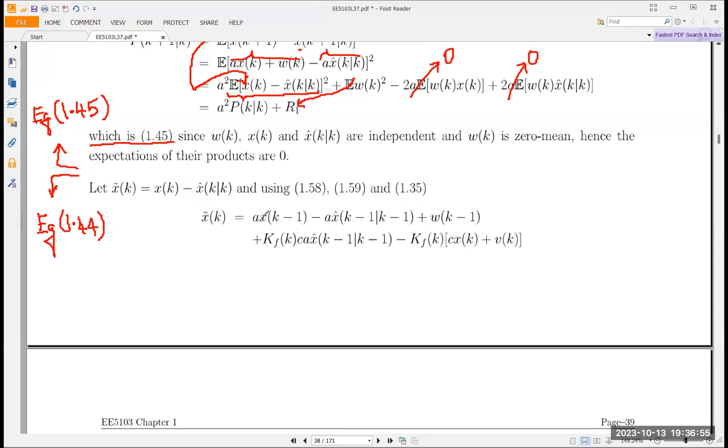Basically, x tilde can be written like that. I help you to see: these three equations will say that this is equal to this. And then this is the rest. You go and look at the equation, you will find that.